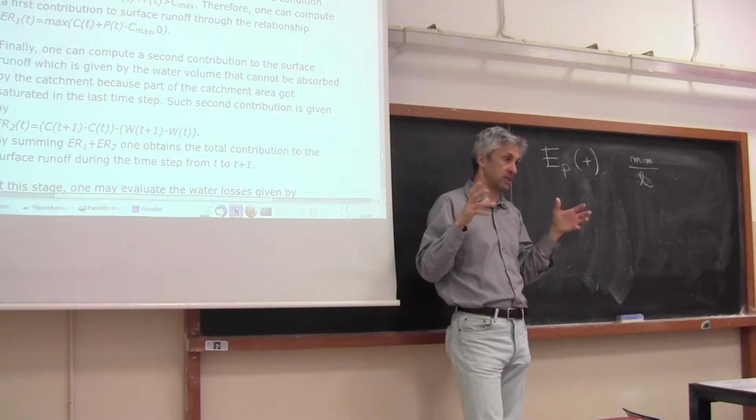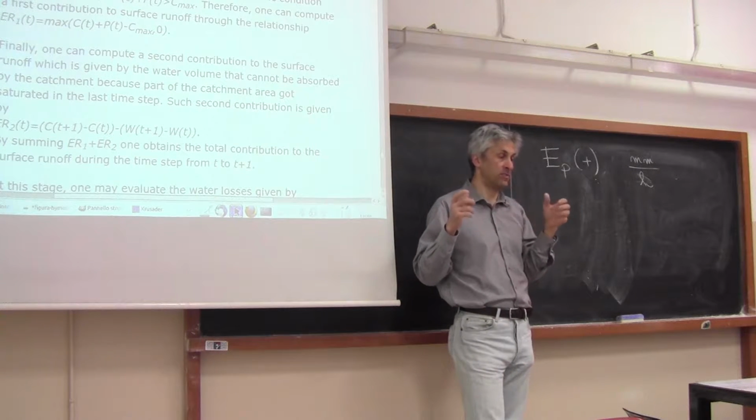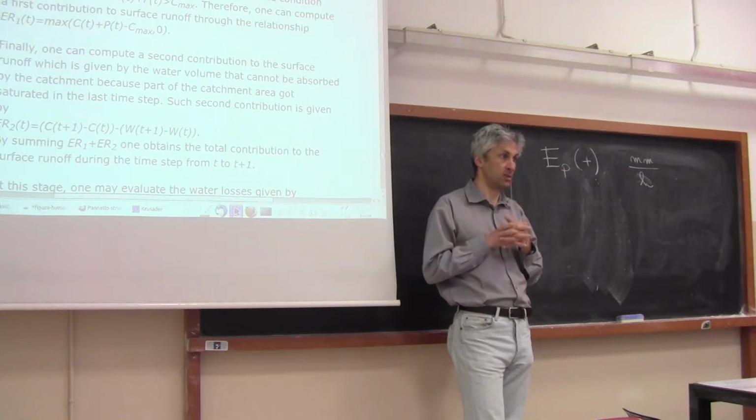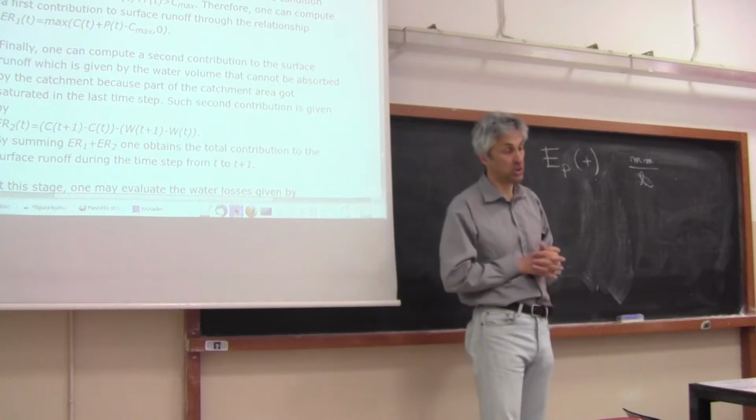And this process is instead in the catchment very relevant, and it's very difficult to measure because, you know, it depends on the land use, it depends on the type of vegetation.